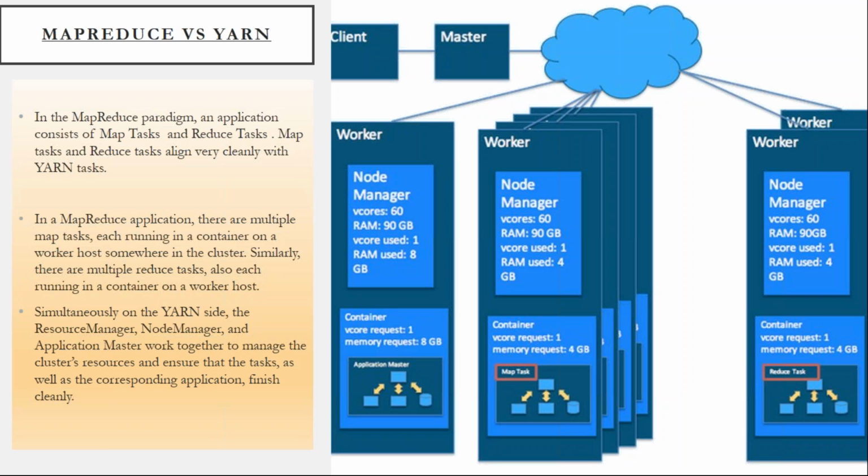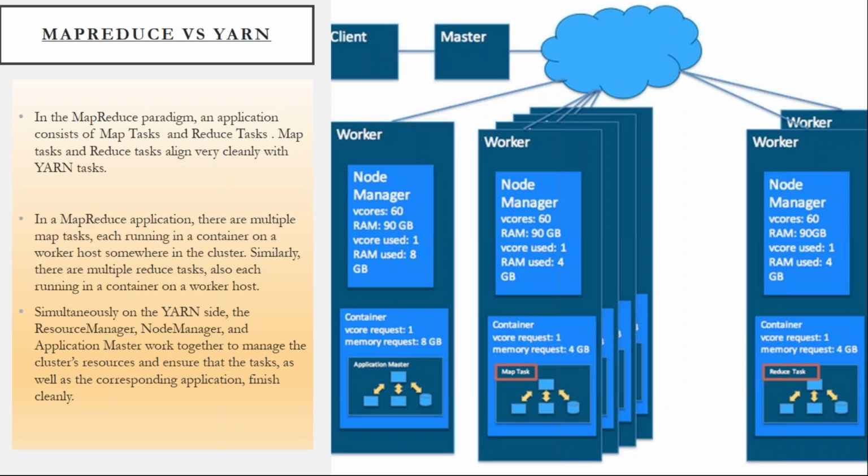Your map task runs on multiple hosts, and your reduce task runs on multiple hosts. That's how the whole MapReduce is working. When YARN came into the picture, this complete process, your map task, reduce task, and multiple nodes based processing, is tracked by your resource manager, your node manager, and its application master.